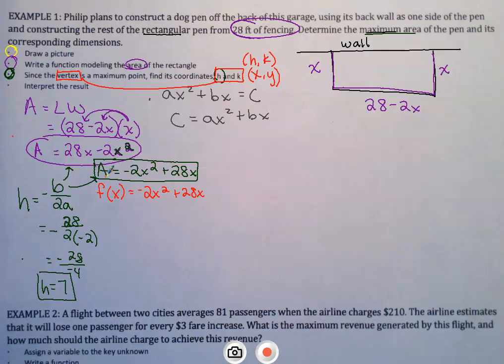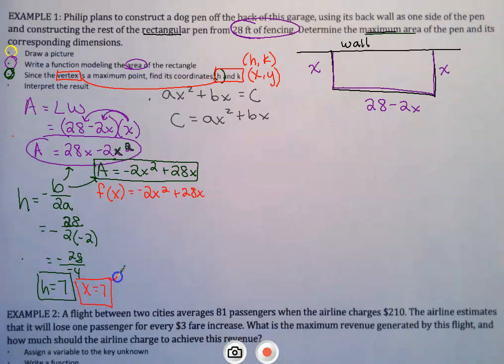Okay, in a quadratic, in the vertex, what does the y represent? The k. So when we solve for h, we actually solve for the x value. In order to solve for the y, we need to plug in that h or x value. So I'm going to write here x equals 7 as well.